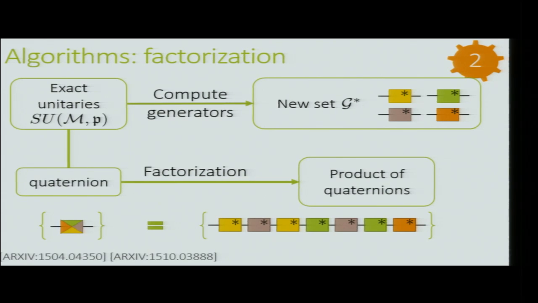But what is the feature of this set G star? Once I'm given an element from here, which actually means I'm given the quaternion corresponding to it, we basically take this quaternion and factor it using this gate set just by trial division.